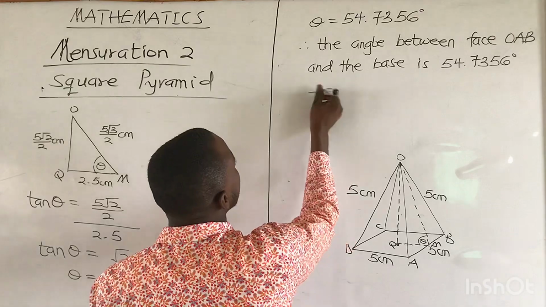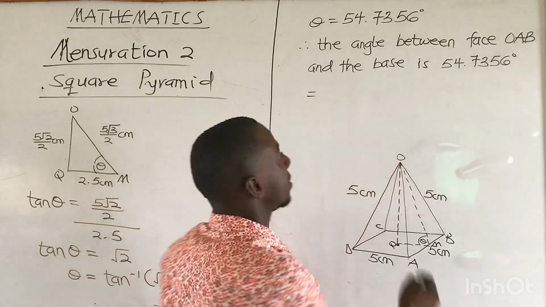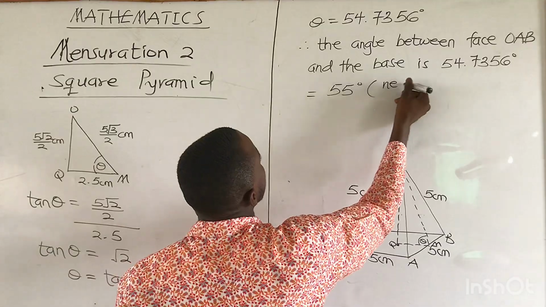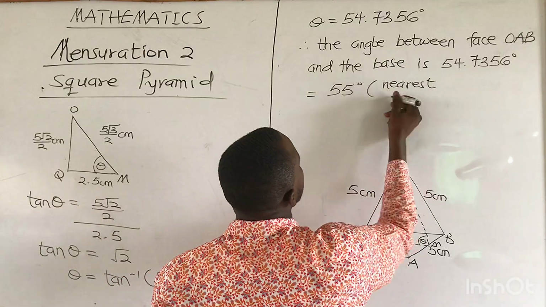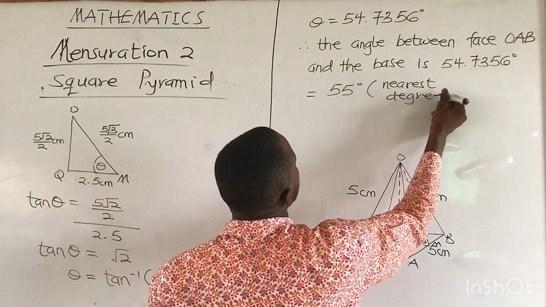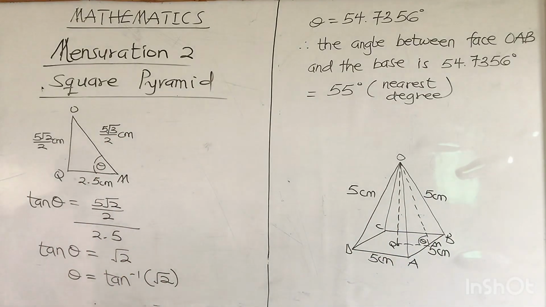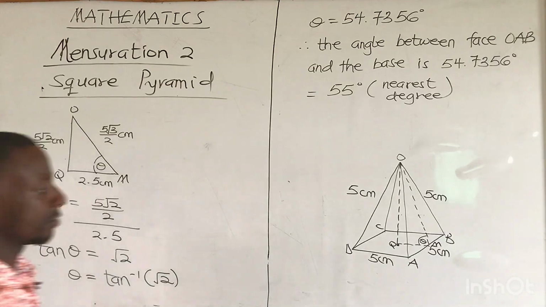So from here to the nearest degree, we can have 55 degrees. Into brackets, the nearest degree. Now we are going to look at the total surface area.